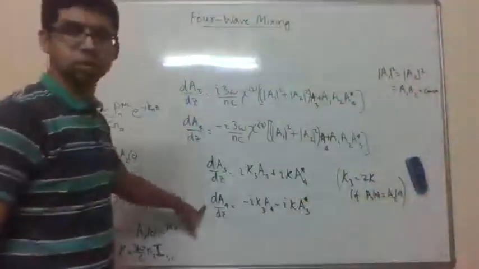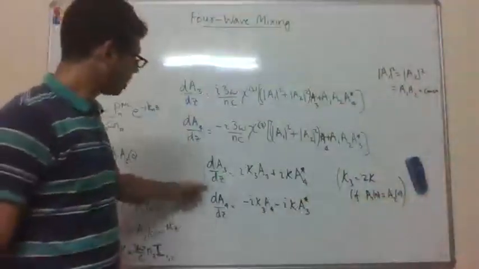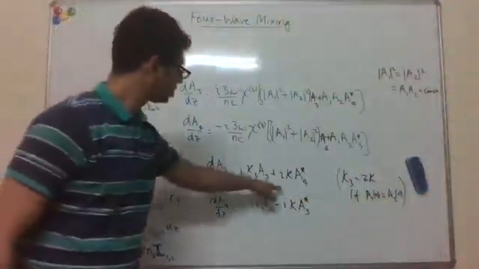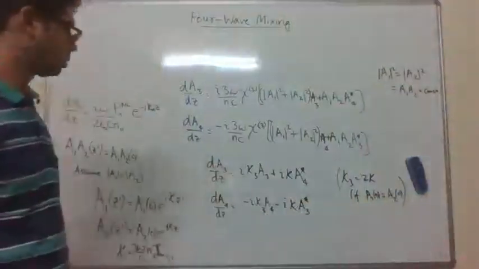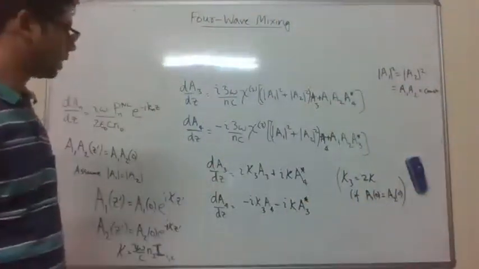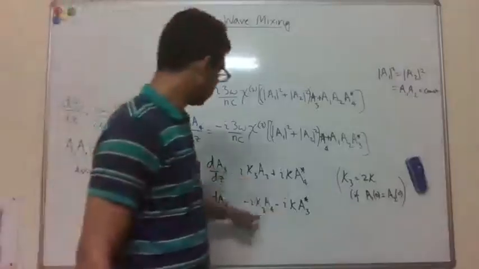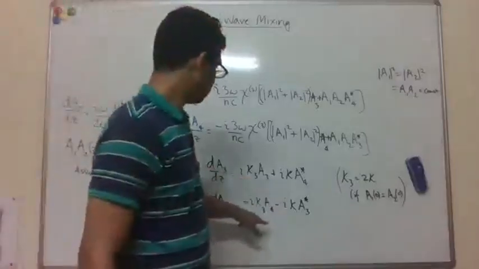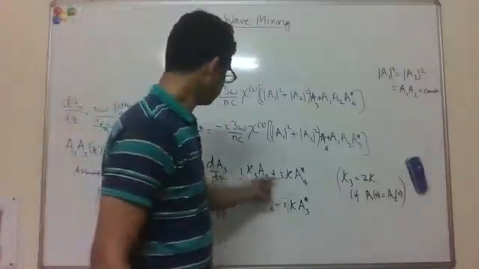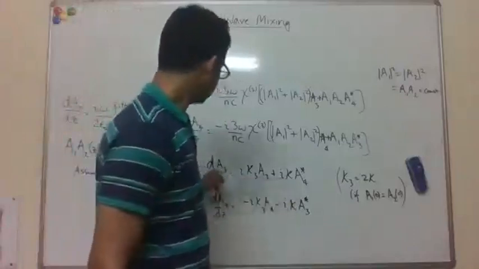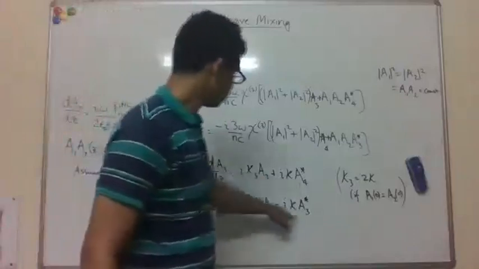Okay. So basically, we are getting coupled equations between 3 and 4, right? So the coupling constant is sort of this kappa, and you can see A3 is coupled to A4 conjugate, A4 is coupled to A3 conjugate.